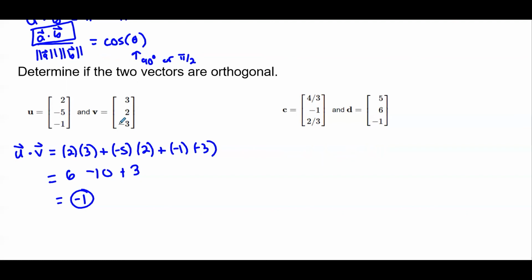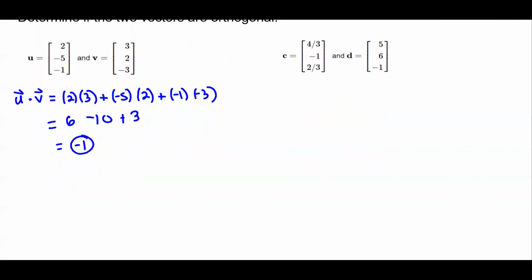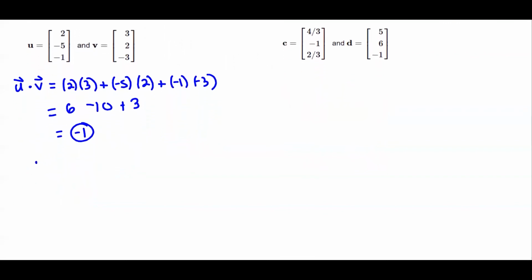Now, we could then find the angle between them using this formula. All right, let's go ahead and do that. What is the angle between them? Well, u dot v over magnitude of u times magnitude of v is -1, because we already did the dot product, over square root of 30 times square root of 22.